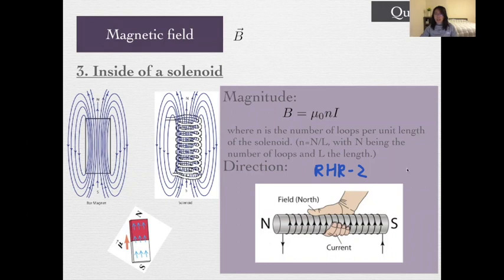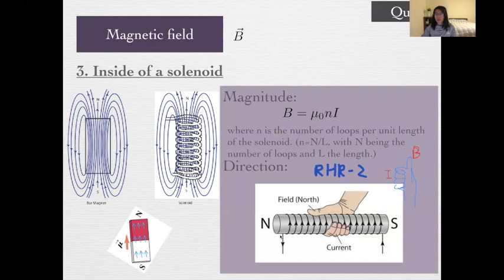So this is how the second right-hand rule works. Again, you want to do a thumb up, where your thumb is the magnetic field, and your 4 fingers are the current. This right-hand rule says if you have a solenoid or a loop, you can use your 4 fingers to mimic the current.